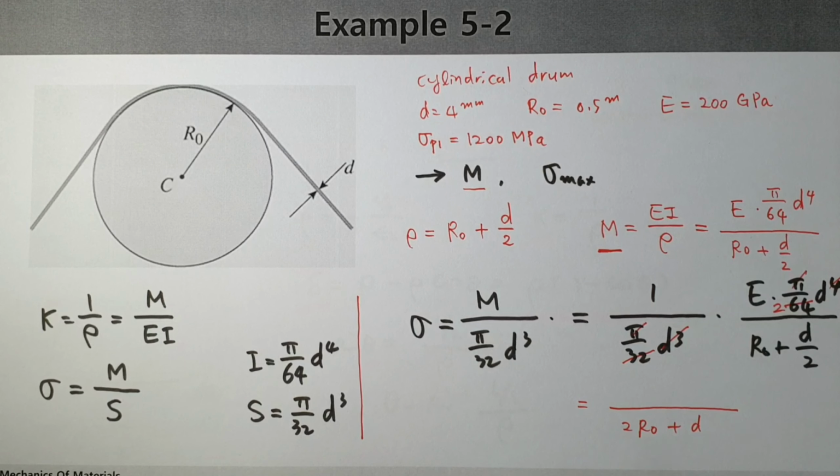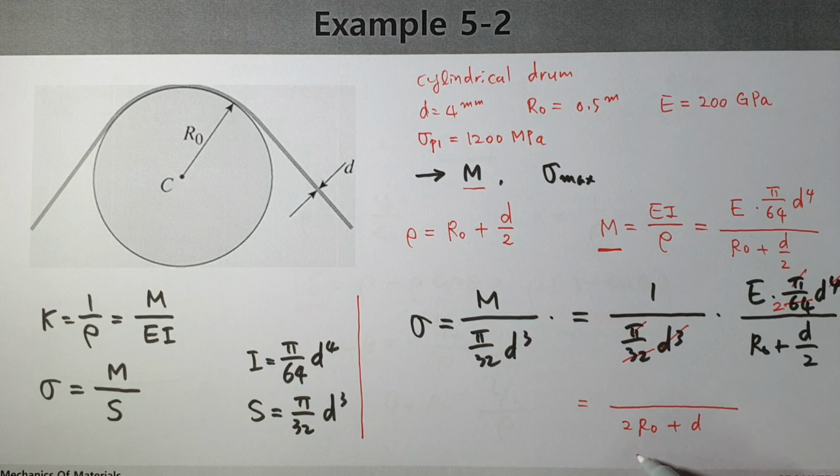When I summarize it, sigma equals finally E d over 2 r0 plus d. And this one is what? Sigma maximum value. Okay, r0, d, E, everything we know. And finally, we can find the sigma max value.